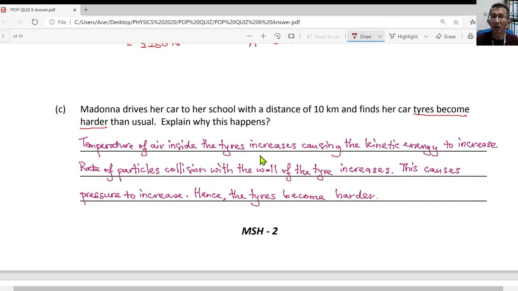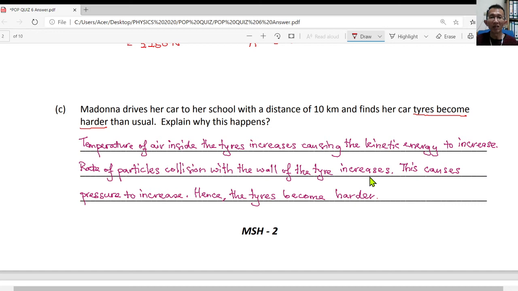All right, so we start with the temperature of air inside the tire increases, and this will cause the kinetic energy to increase. So when we have an increase in the kinetic energy, then the rate of particle collision with the wall will be increased as well.